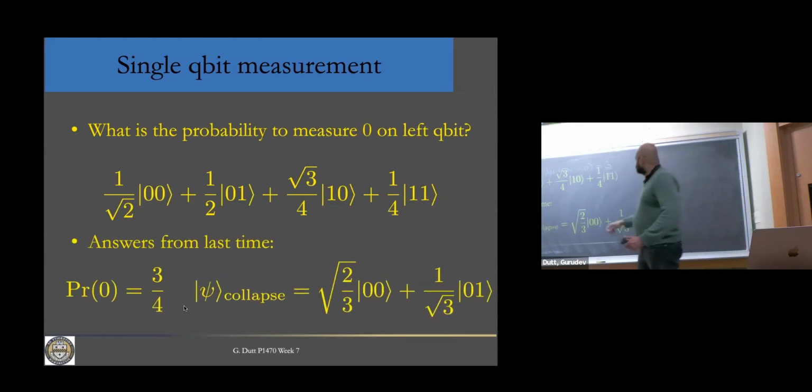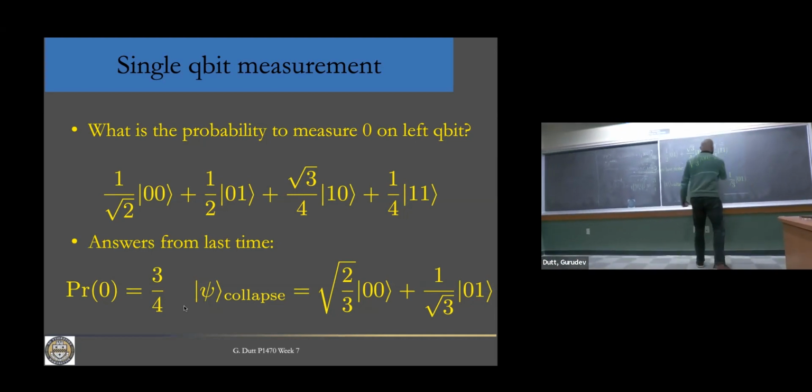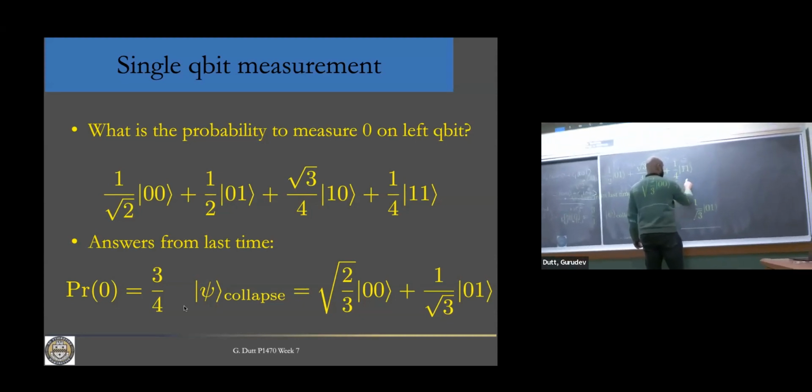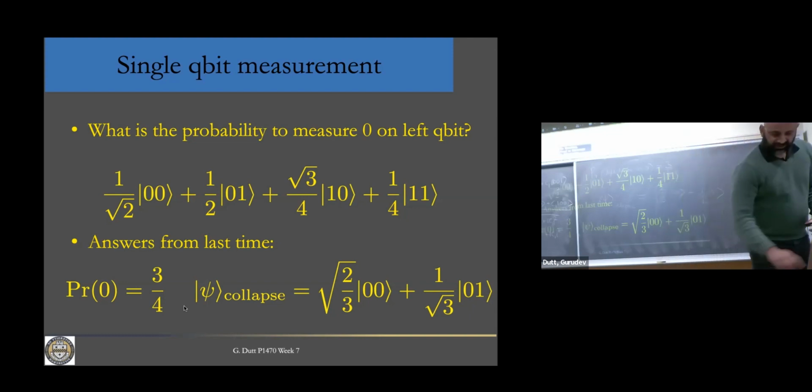So after the left qubit in the 2-qubit state was measured, we saw the probability was 3/4, and we saw that the state after the collapse, after the left qubit was measured to be in the state 0, was square root of 2 over 3 |00> plus 1 over root 3 |01>.